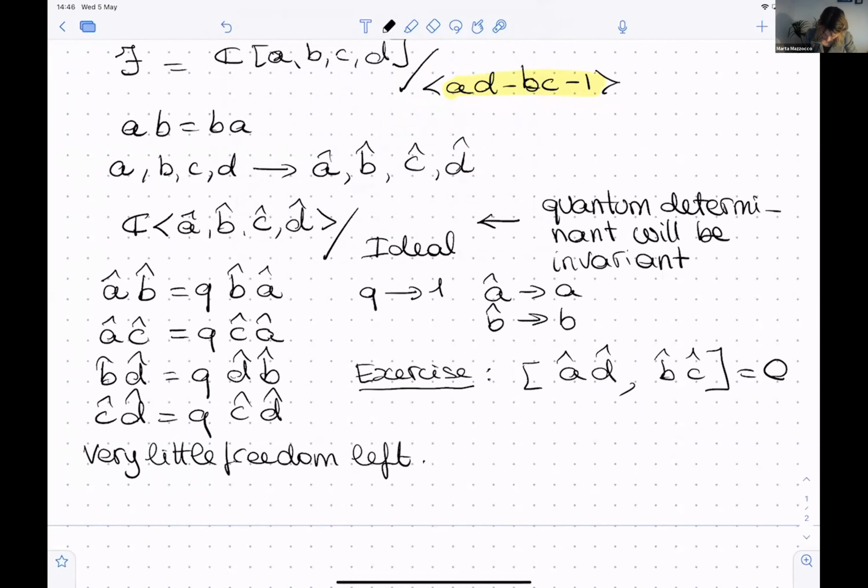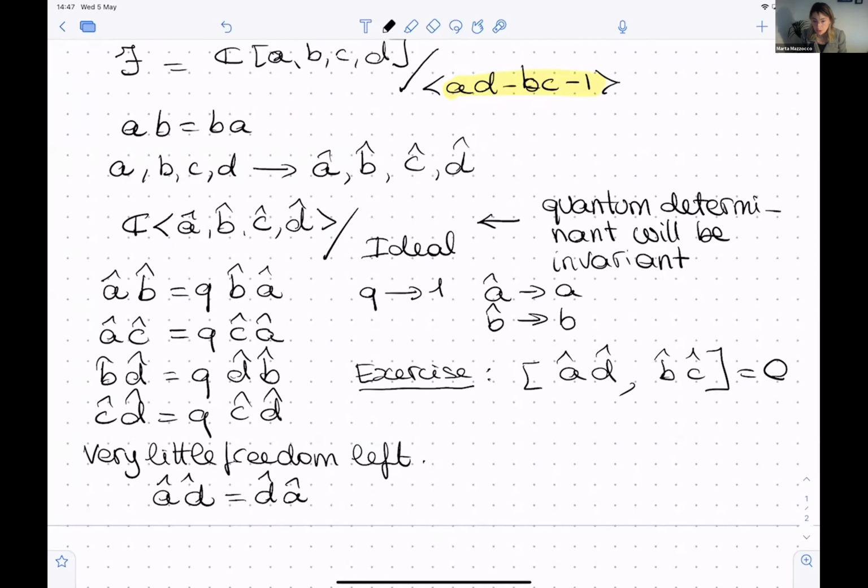So, for example, suppose that we want, I don't know, that A and D commute. Well, this is going to create a problem.